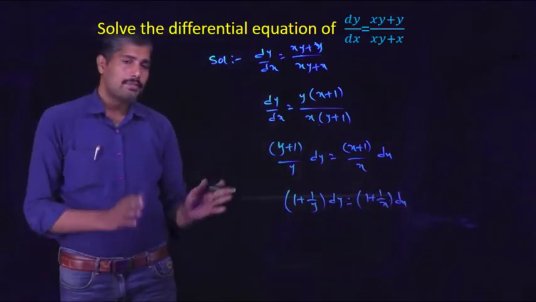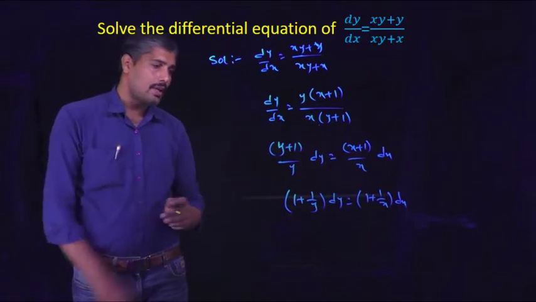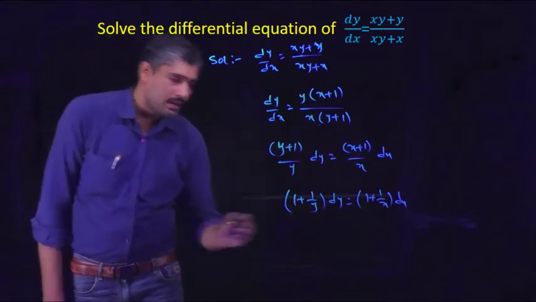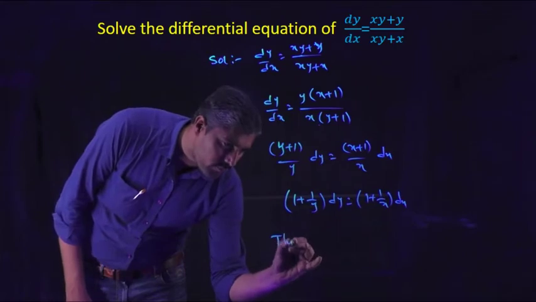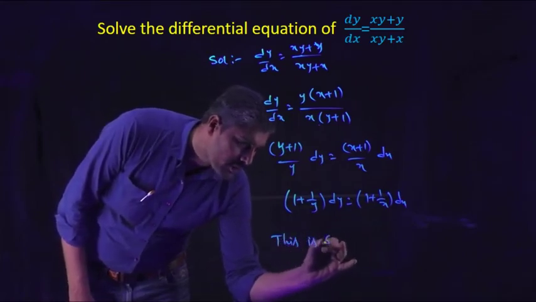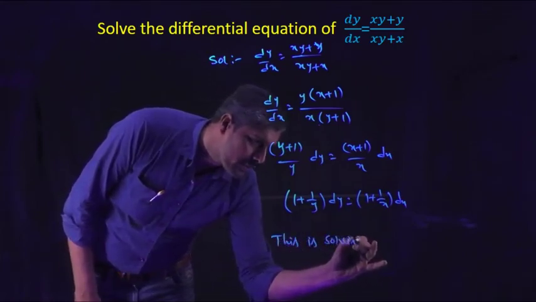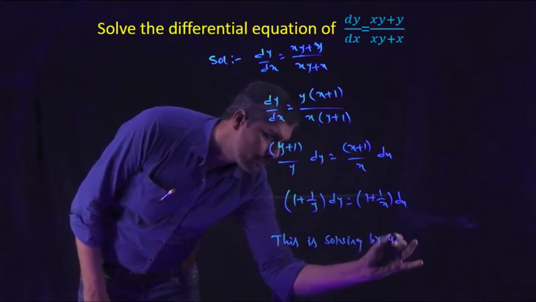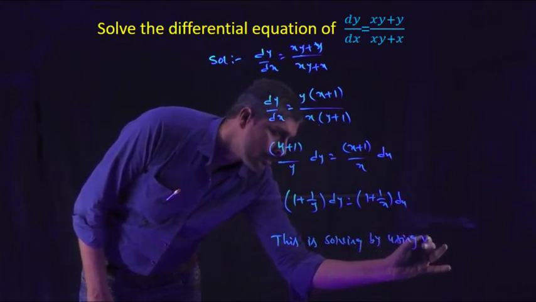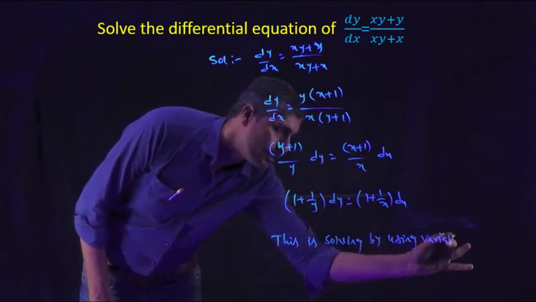Clearly the y terms are on one side and the x terms are on the other side. That's why this is solved by using the variable separable method.